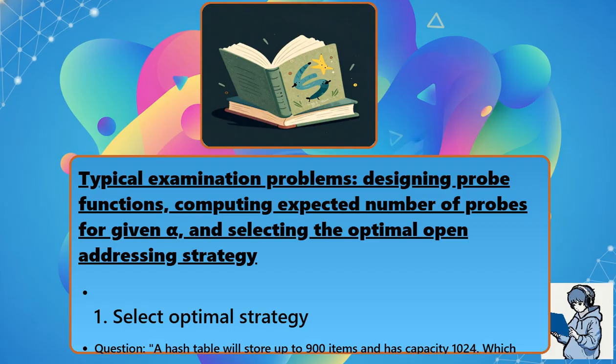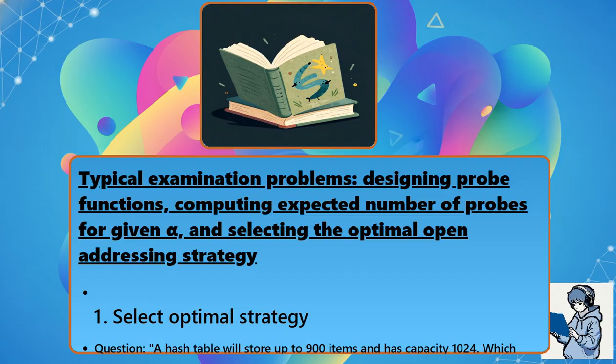Linear probing: E_suc is approximately (1 + alpha) / (2 times (1 - alpha)), which is approximately 1.879 / (2 times 0.121), equals 7.76 probes.